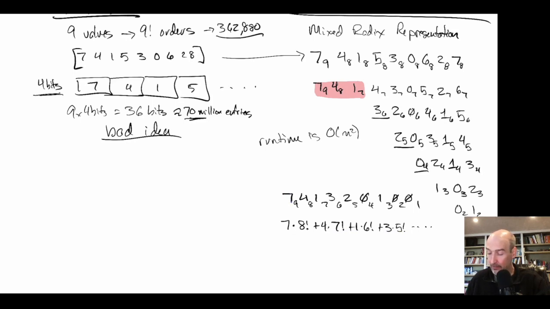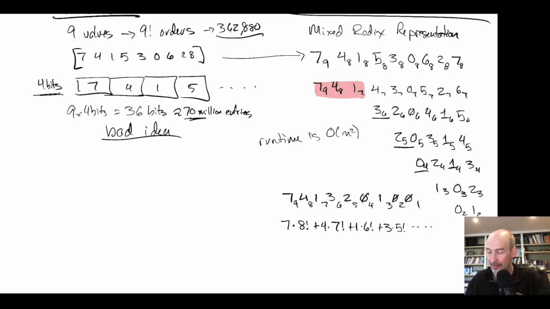But getting from the mixed radix representation into something more akin to our base 10 representation has this n squared overhead.